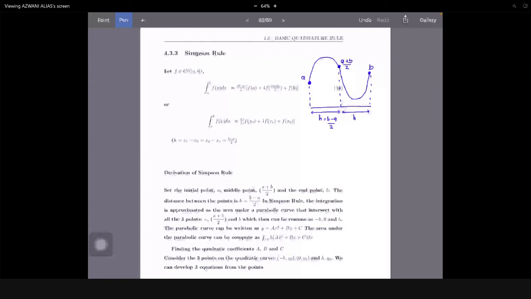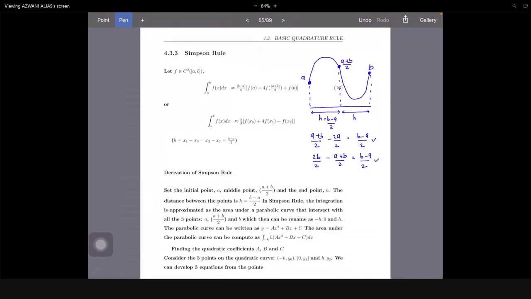Betul tak kita check? Boleh je nak check. Contohnya A plus B over 2 minus A, dia akan dapat B minus A over 2. So, kalau B minus dengan middle point, still B minus A over 2.